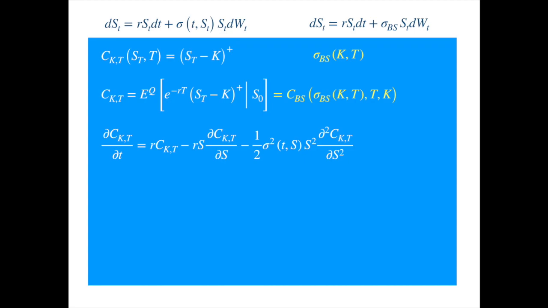And given that the Black Scholes price is also given by the expected discounted value of the payoff with the same terminal condition, we can use Feynman-Kac to write the PDE for the Black Scholes price.